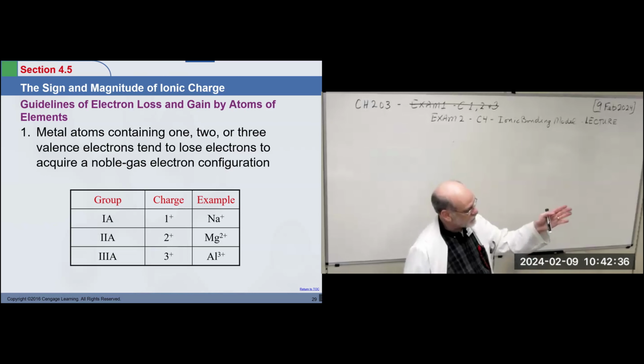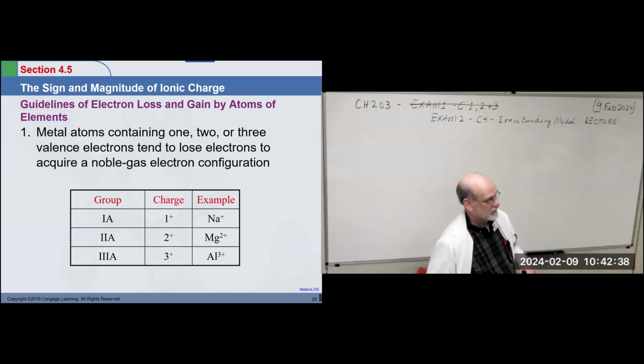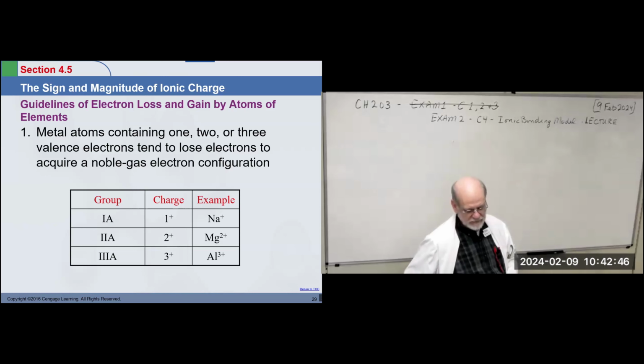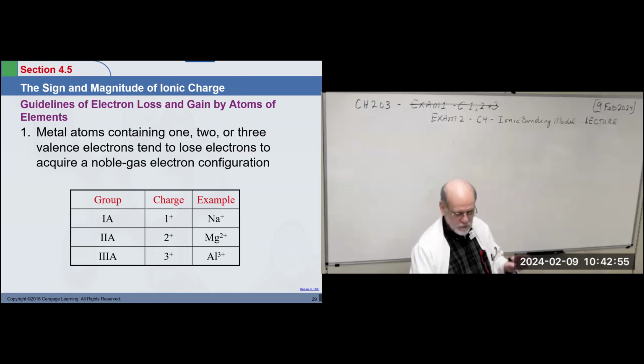And then when we get over to aluminum, it's still more efficient to lose 3 electrons than it is to gain 4. Or is it 6? 1, 2, 3, 4, 5. No, gain 5, excuse me. Lose 3 rather than gain 5.